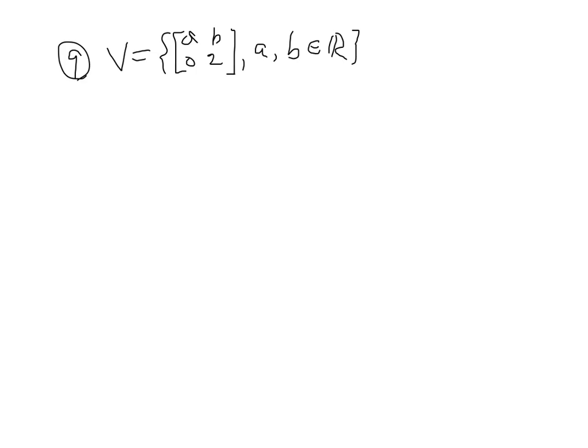A and B can be any real numbers. 0 and 2 are obviously 0 and 2.